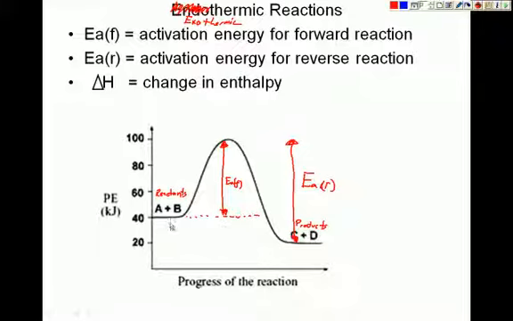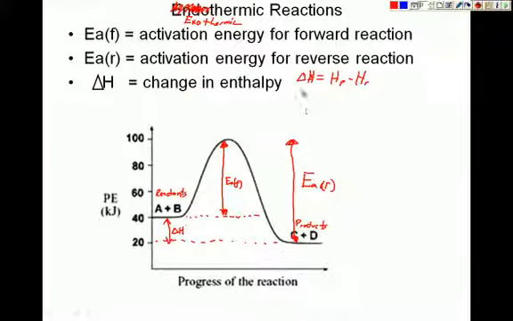Now, what we see here again is delta H equals HP minus HR. Okay? Or in other words, this distance is our delta H. Okay?